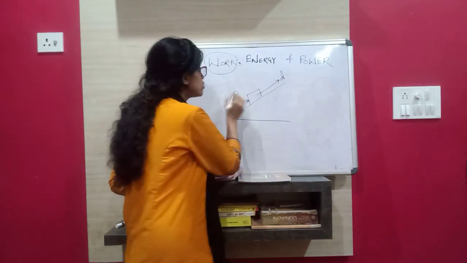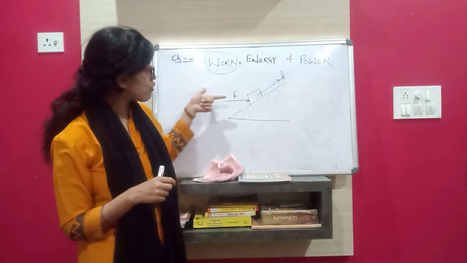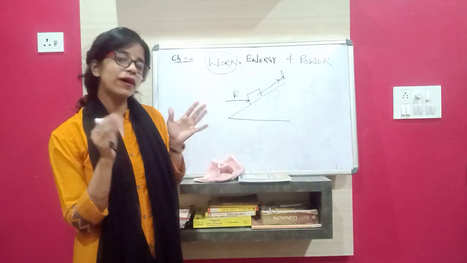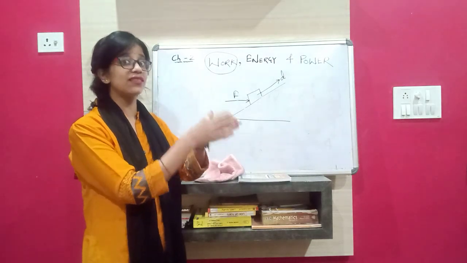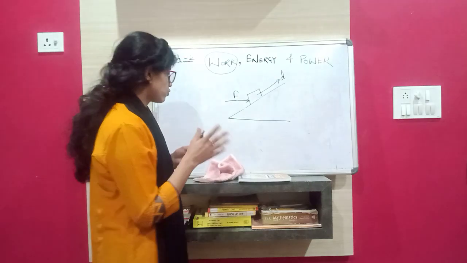So we see that the direction of force and displacement are in different directions. But what definition have we learned? We have learned that the force and displacement should be in the same direction. So how are we going to resolve that problem? So let's see.